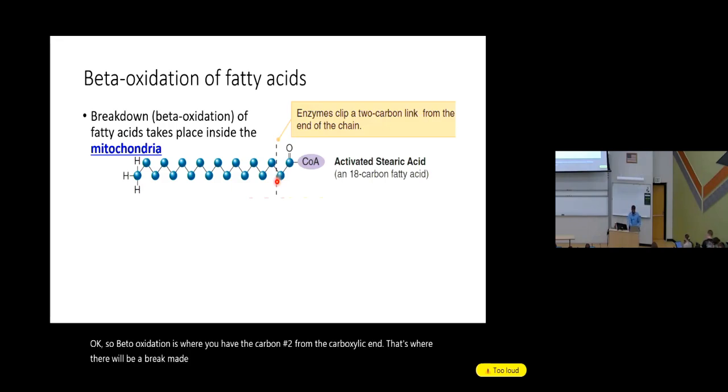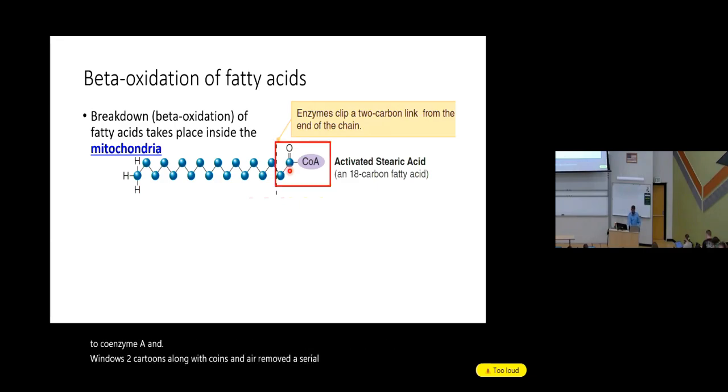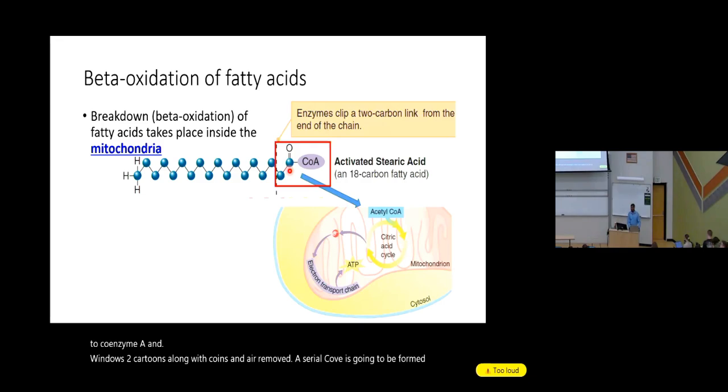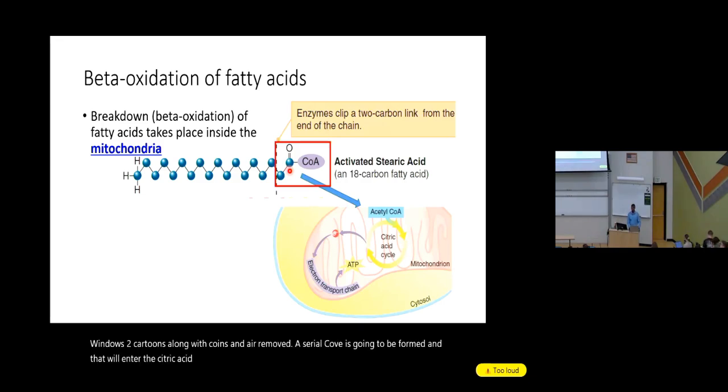So we have the beta carbon here, and these 2 carbons will be linked to coenzyme A, and when those 2 carbons along with coenzyme A are removed, acetyl-CoA is formed, and that will enter the citric acid cycle. So every 2 carbons will be used to make acetyl-CoA, and that will enter right into the citric acid cycle.